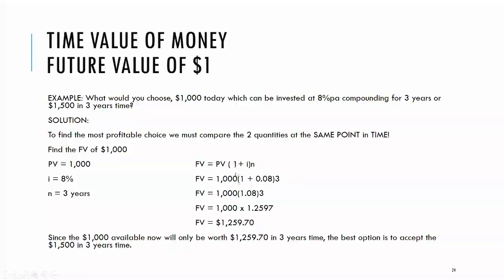If you invest $1,000 for 3 years at the rate of 8%, you will get $1,259.70. So obviously $1,500 in 3 years' time is better in financial terms. But in your personal circumstances, your selection might be different. You know, in 3 years' time I'll be better off with finance. Now I really need money, so I'll get the $1,000 now.